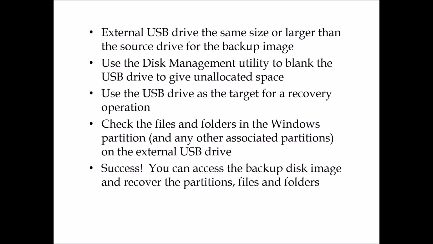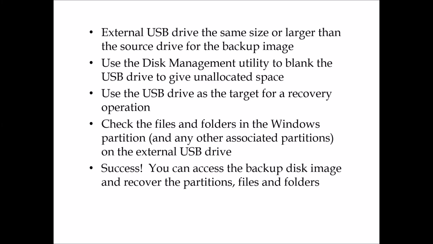One of the things I found with EaseUS was if I didn't blank out the drive so that it was all unallocated space, it couldn't actually see the disk drive when I tried to locate the backup image.